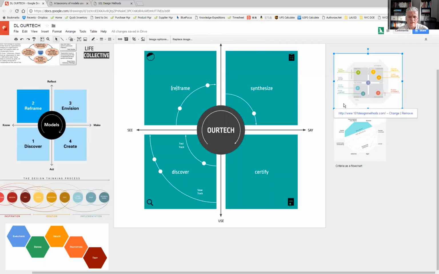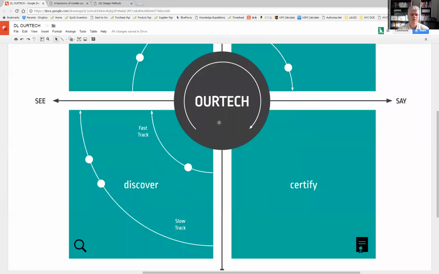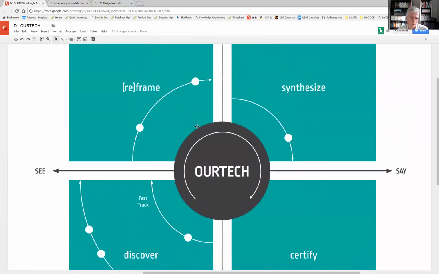There's other models I looked at. Here's one from the one-on-one designmethods.com website, which is very interesting. It has different stopgaps and ways to traverse and really walk through this 2x2 matrix. But let's take a look at our matrix here that I created. One thing you notice, obviously, in the center is our tech.